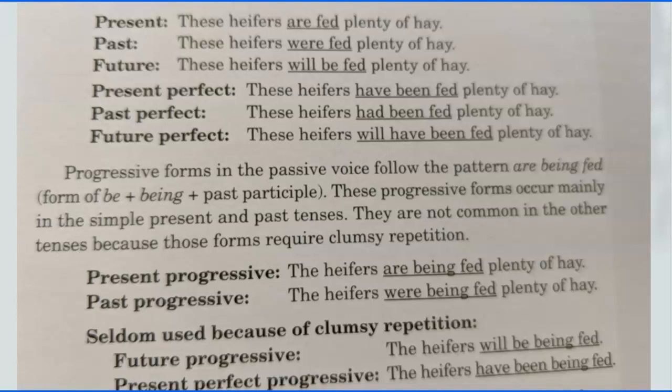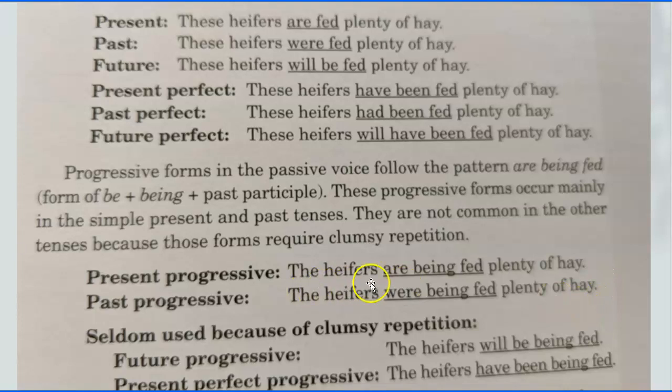Okay, progressive, I don't spend a whole lot of time on this, but if you look down here, it says progressive forms in the passive voice follow the pattern are being fed, and then it shows you what gets added to that. These progressive forms occur mainly in the simple present and past tenses. They're not common in the other tenses.